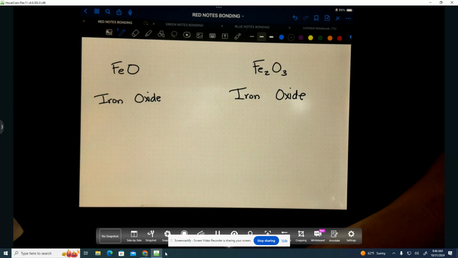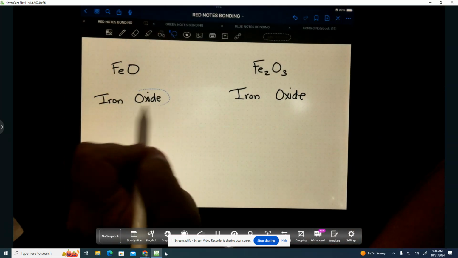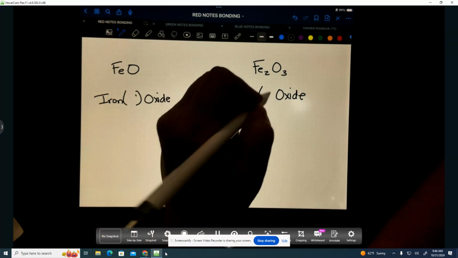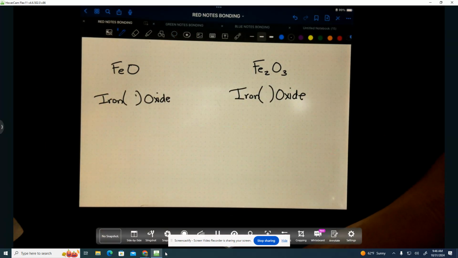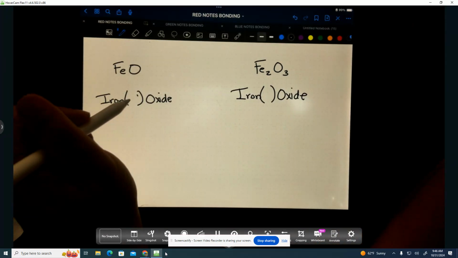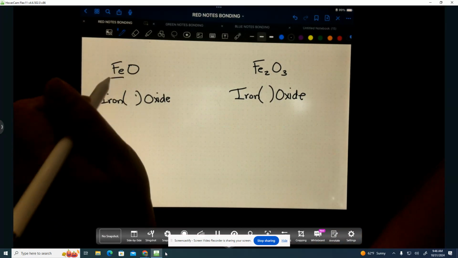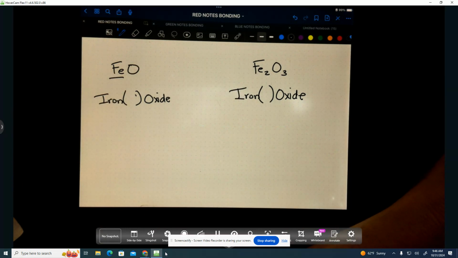So what we do is we have to add another thing to this name, and we're going to add it in between these 2 words. This parentheses only shows up if the metal cation has multiple oxidation numbers.